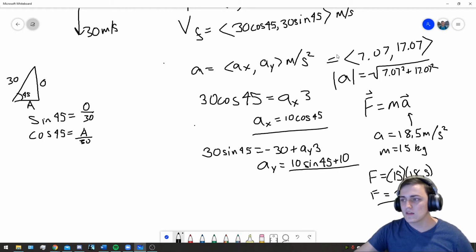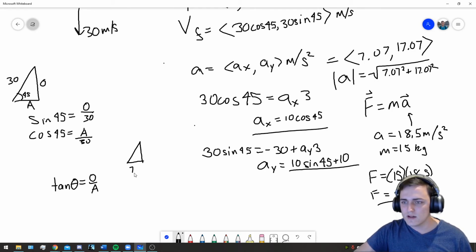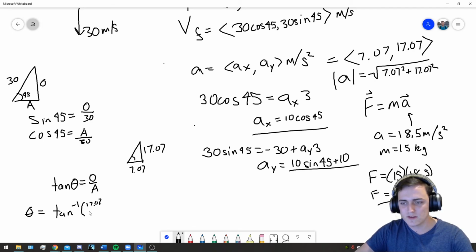So remember that the equation for finding theta is tangent theta equals opposite over adjacent. If we want to draw our triangle, we have an x of 7.07, y of 17.07, and we're just trying to find this angle theta. So theta equals tangent inverse of our opposite 17.07 divided by 7.07.